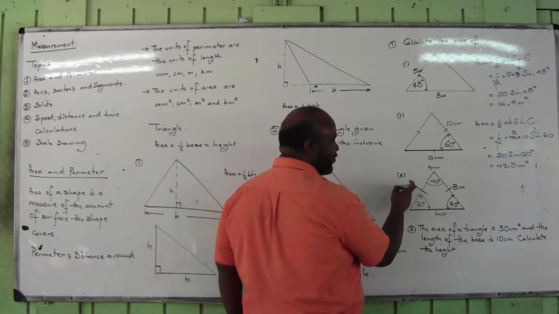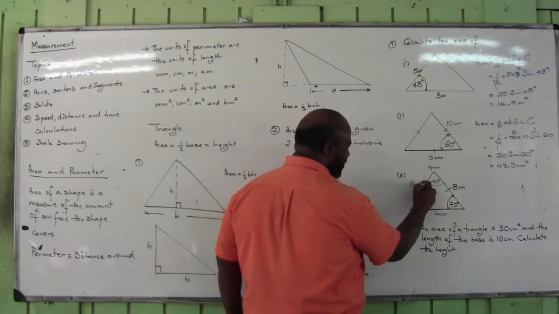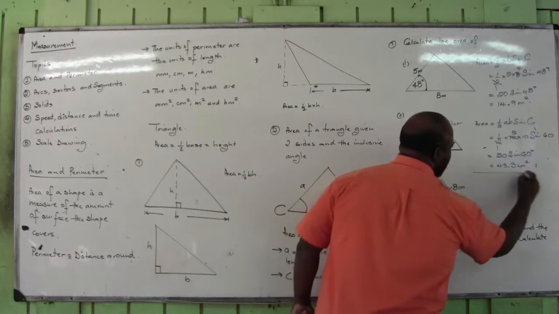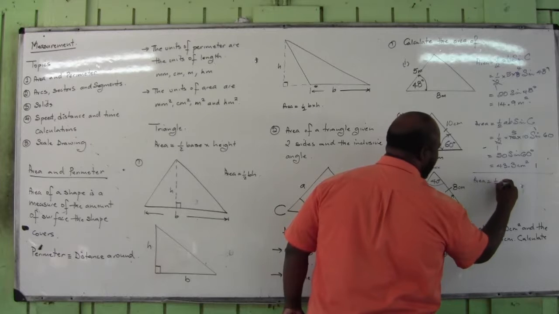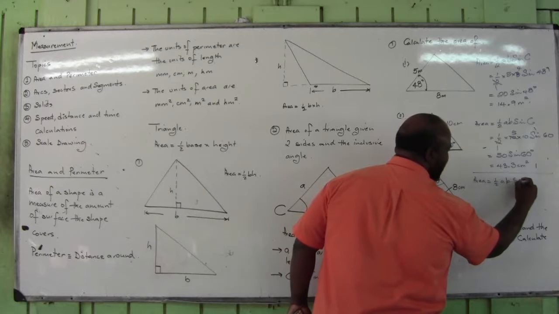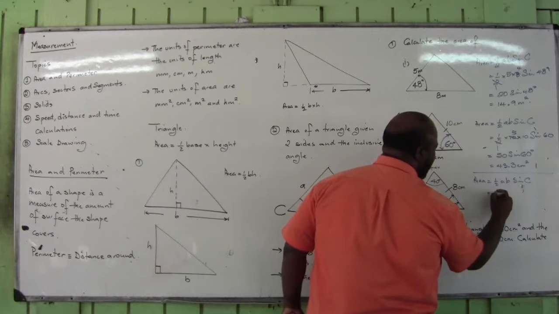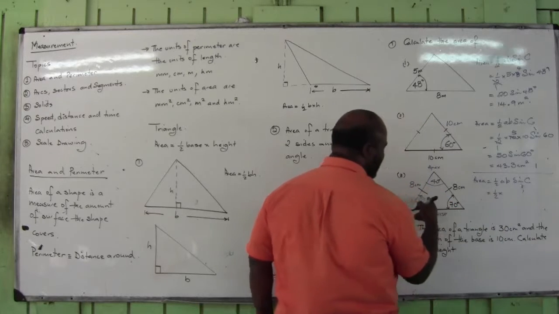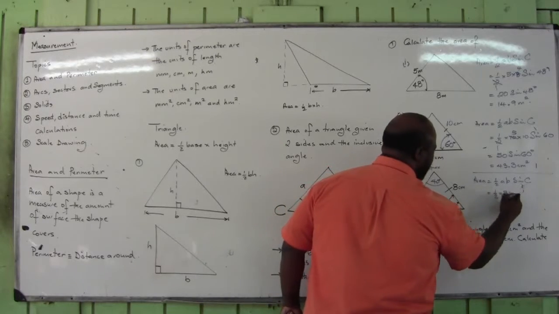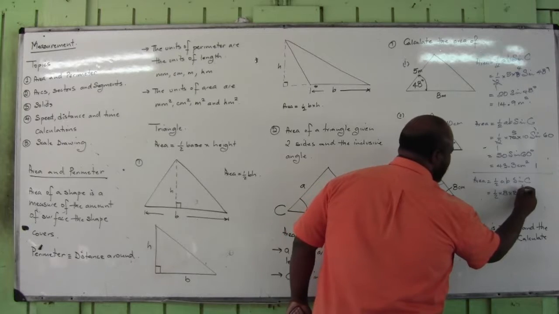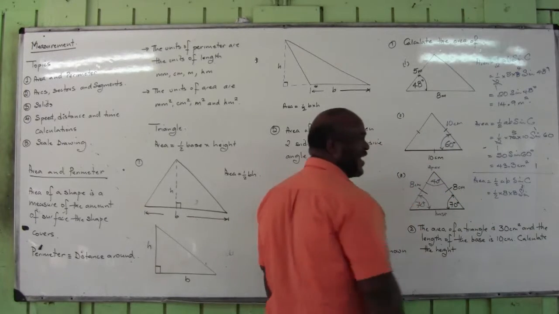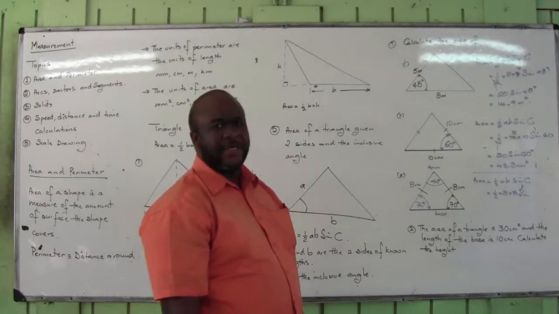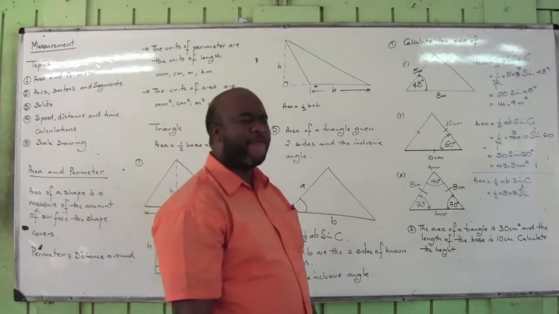Now, what is the length here? 8 centimeters. The area is equal to a half AB sine C. The area is a half. A is 8, B is 8. The sine of C, where C is the angle between them, 40 degrees.